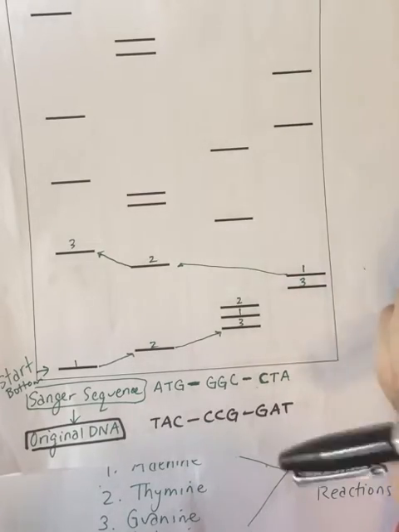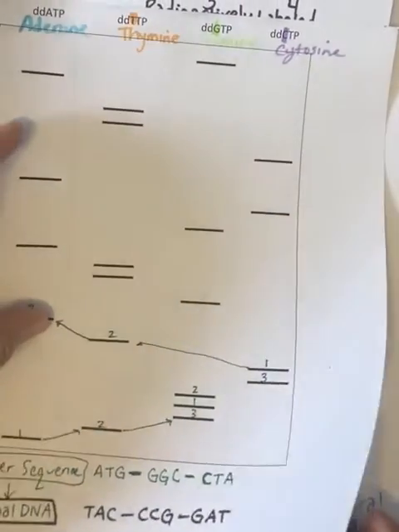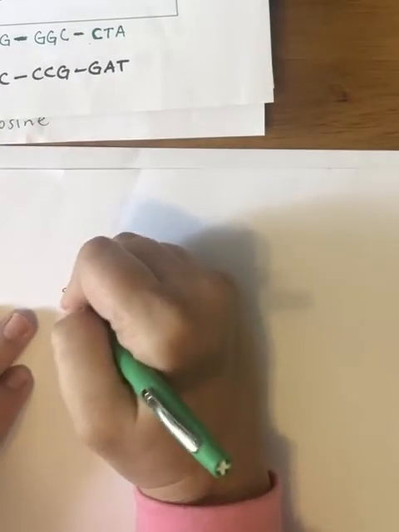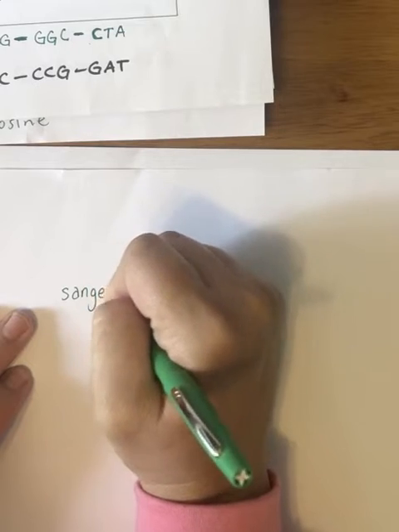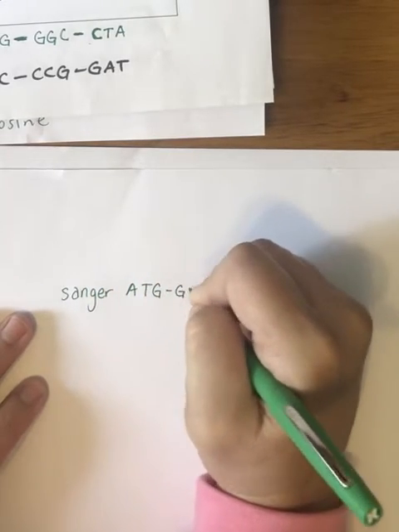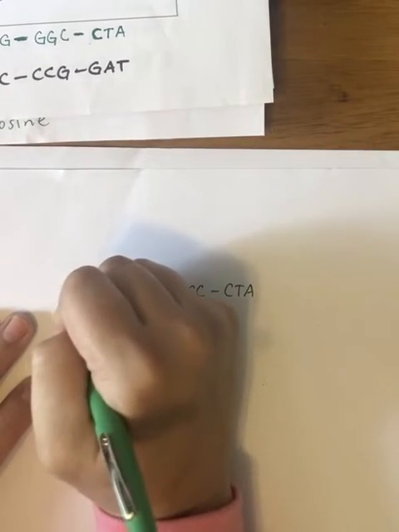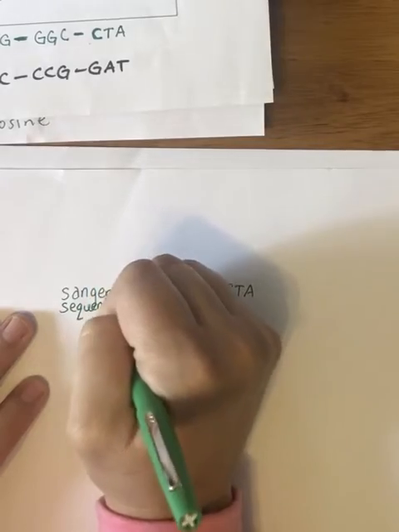So we go through the central dogma. We use the original DNA. So we're going to use the Sanger sequence. So we're going to write this out. The Sanger sequence, I'm going to write it on another paper, is A, T, G, G, G, C, C, T, A. This is only a copy of the original DNA.